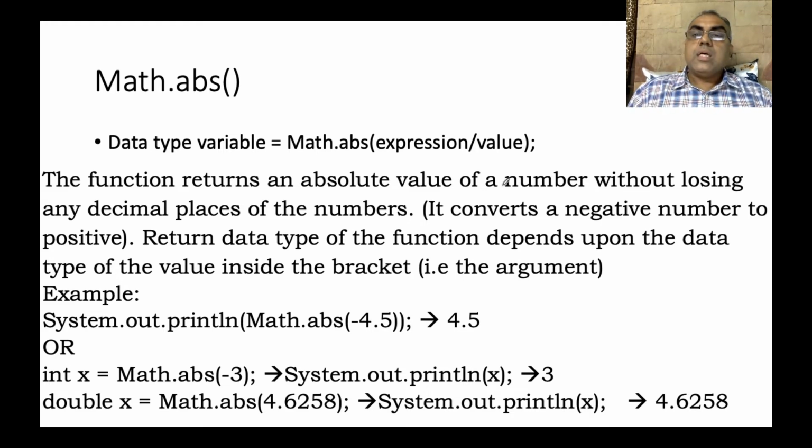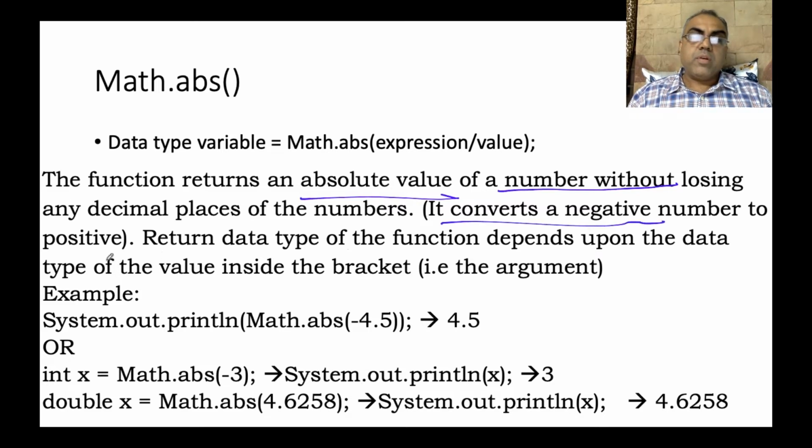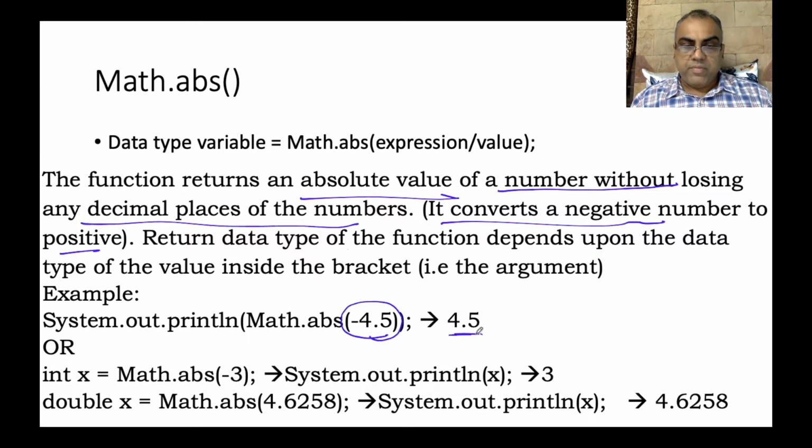It returns a positive number, converting a negative number into positive without losing any decimal places. The positive will remain positive. So suppose if I say minus 4.5, it will return me 4.5. If I say minus 3, it will return me 3.